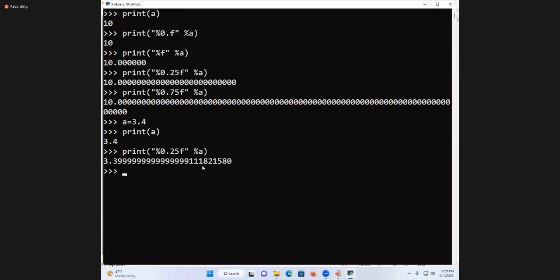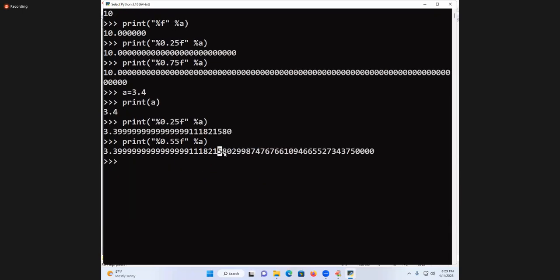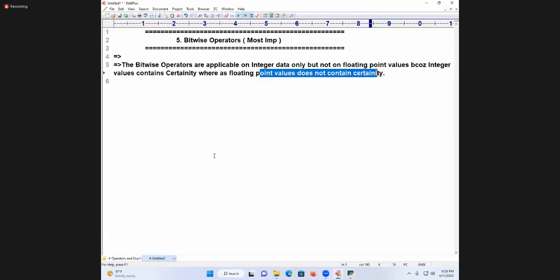See what is happening. 3.4 is not always 3.4. It is going to contain 3.39999 and so on. What does this indicate? Is it certain or uncertain? Uncertainty is there. You go for 50 digits, still it prints more values. This is up to 80, still there are so many digits. Does float contain certainty or uncertainty? So bitwise operators are applicable only on integer data, but not on floating point values.